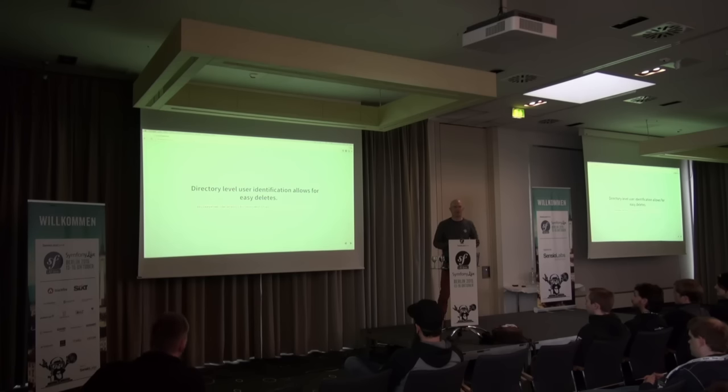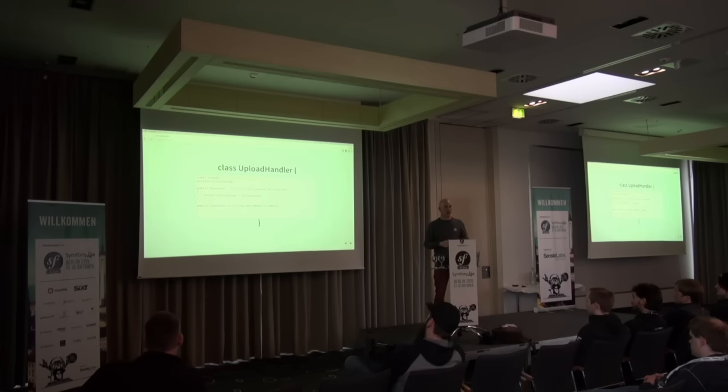But how can we apply this? Well, we could look into a command handler kind of pattern where we have an upload handler, which as a constructor argument receives a file system, and it can handle an upload.